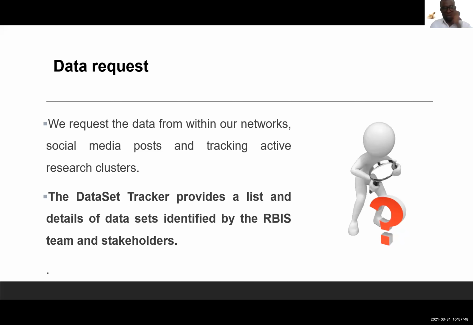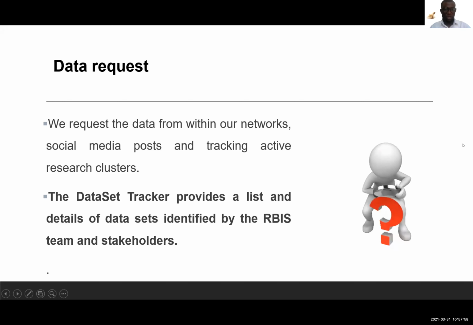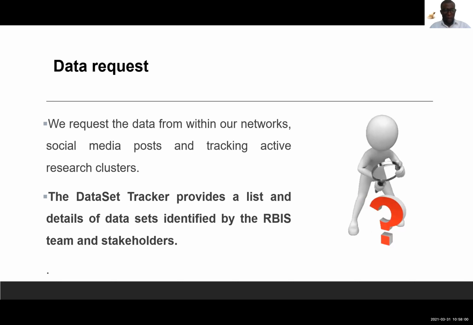Now, the process is, after identifying all of those people who have data, the data holders, we simply network with them, collaborate with them, tracing back where they are putting their data. Sometimes they direct us to their social media platforms.